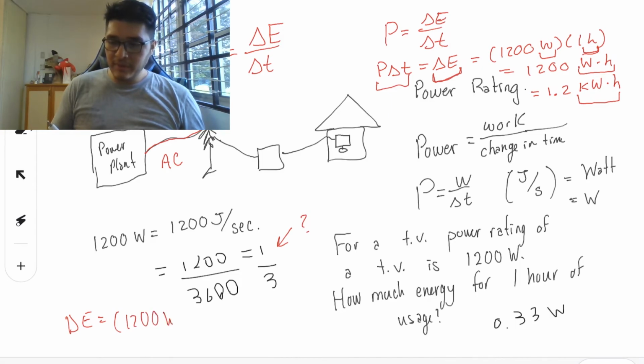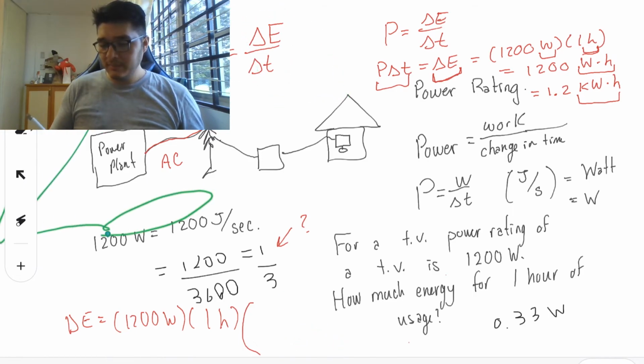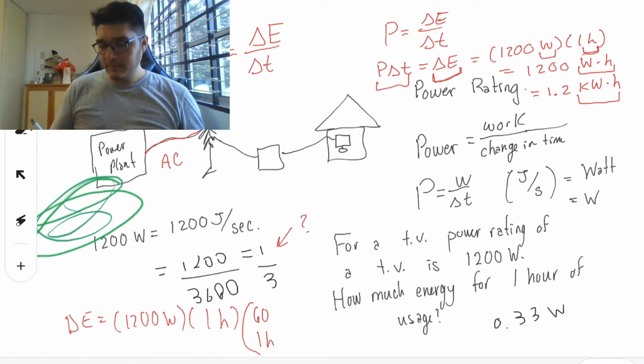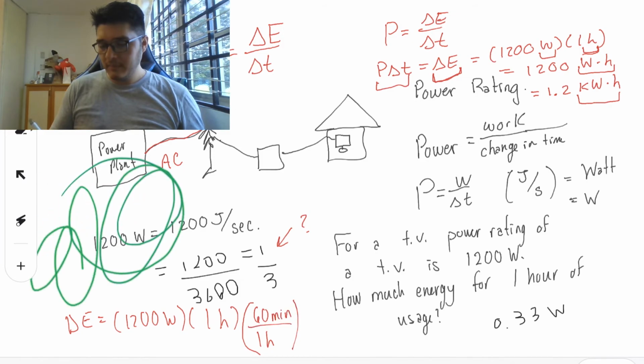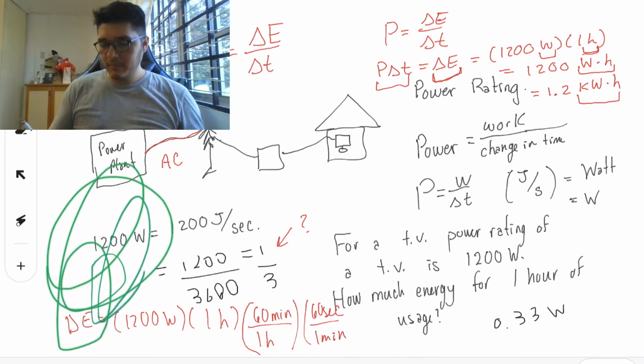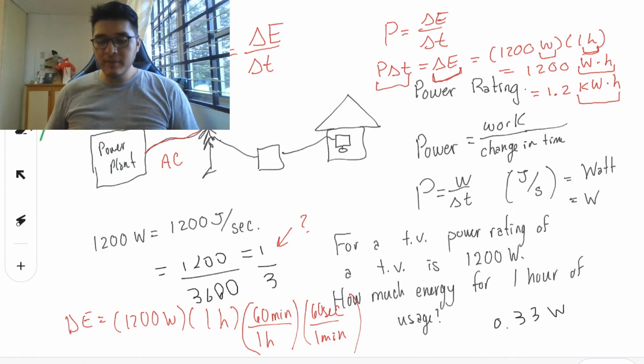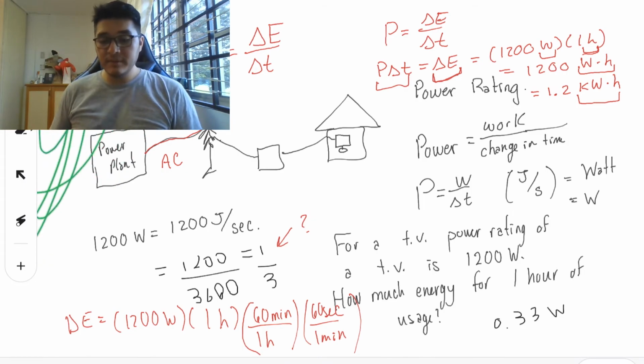So here we have 1200 watts in 1 hour. How do we convert that to seconds? So we wouldn't be doing division, we have to multiply by 3600.